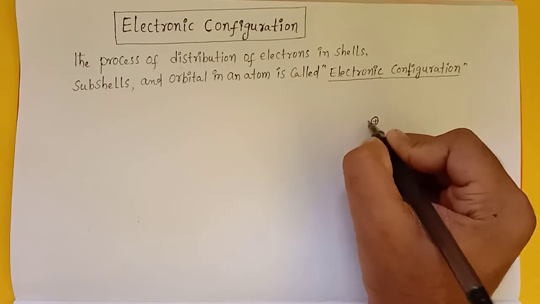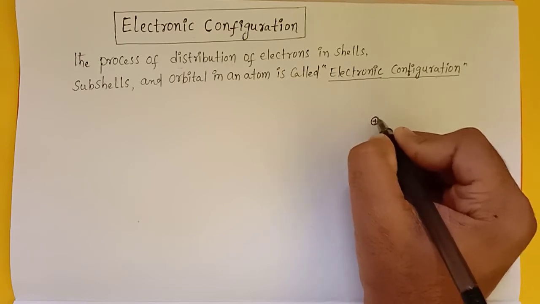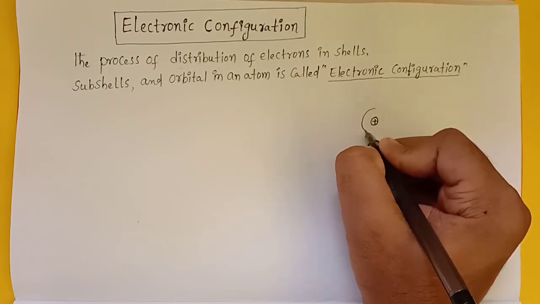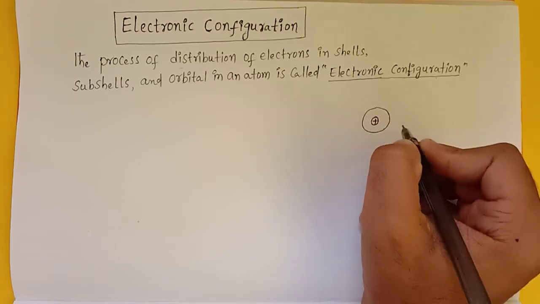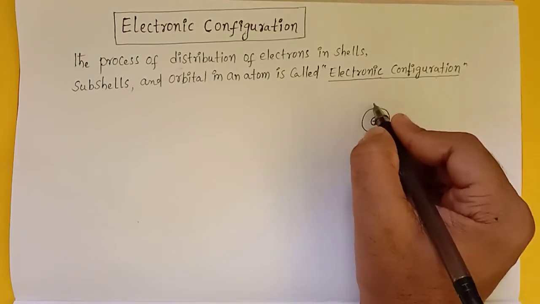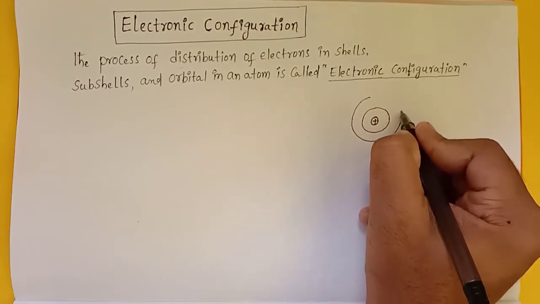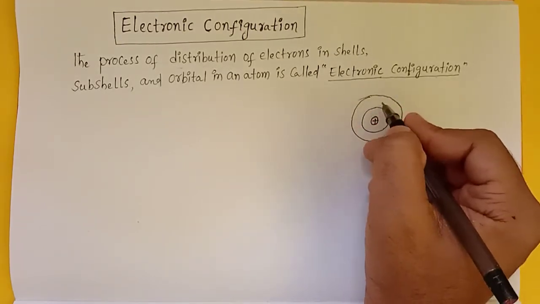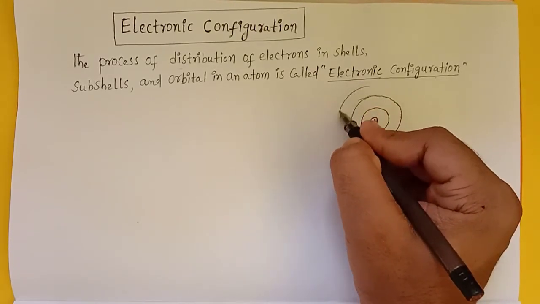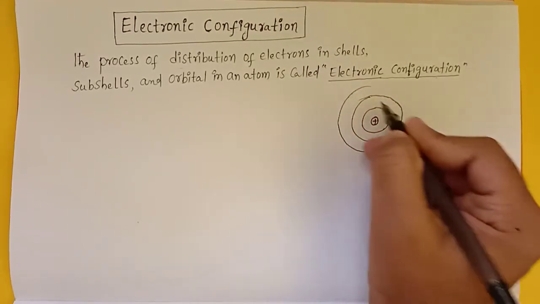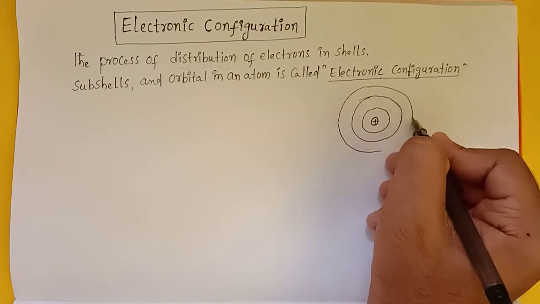This is the nucleus, the center of the atom is called the nucleus. And this is the first orbit, the circular orbit, n equal to 1. Let us suppose this is the second orbit, n equal to 2. And this is the third orbit.